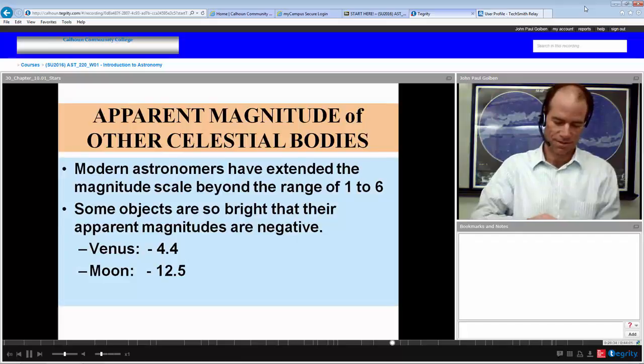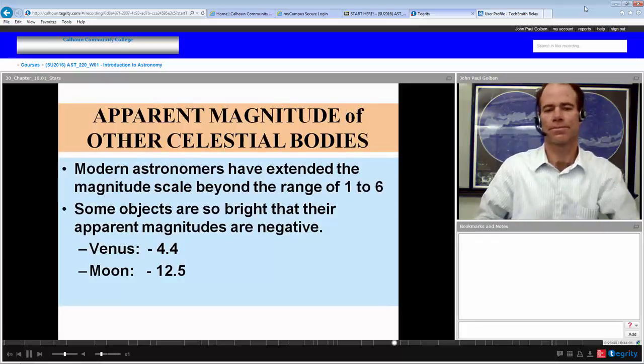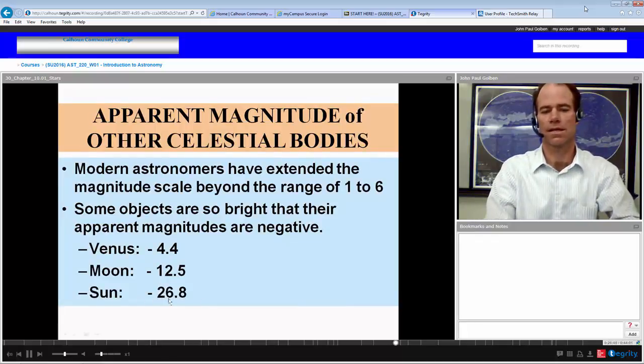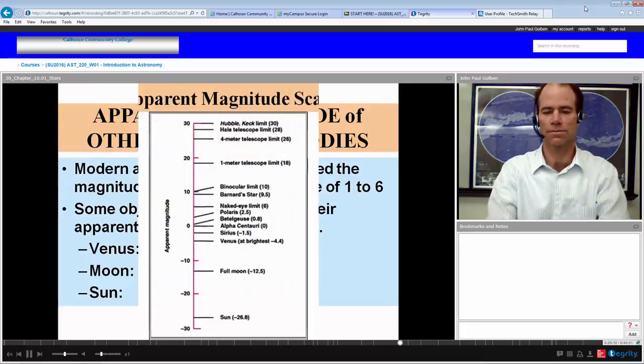Let's try that out. 2.5 to the 8th power is a factor of 1526. So more than 1,000 times brighter than Venus. And the Sun carries that even further. The Sun has an apparent magnitude of -26.8. So we're talking a factor of 100 for every 5, and the Sun is more than 10 magnitudes brighter than the Moon. So more than 100 times 100, or more than 10,000 times brighter than the Moon.